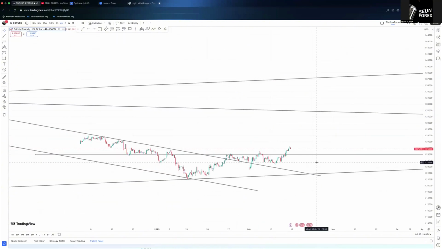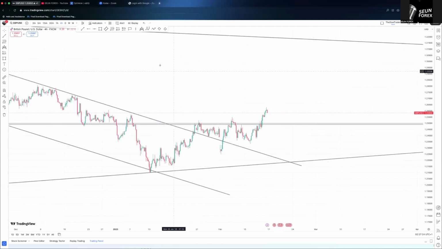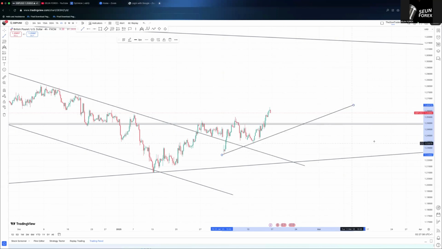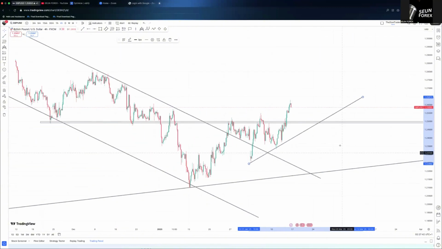This is 4-hour time frame, and this is what market has been doing so far. And to figure out the 4-hour time frame, because when you are doing top-down analysis, you must be able to find out what market is doing. Now, to find a proper entry in 4-hour time frame, market has been trying as much as possible to break this neckline.